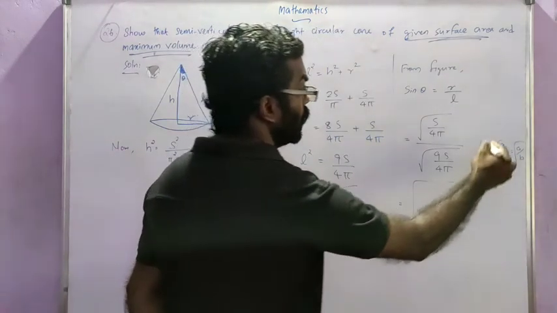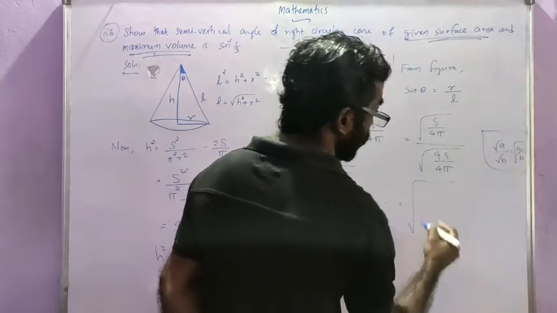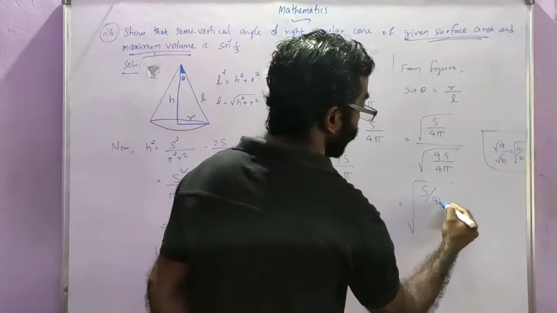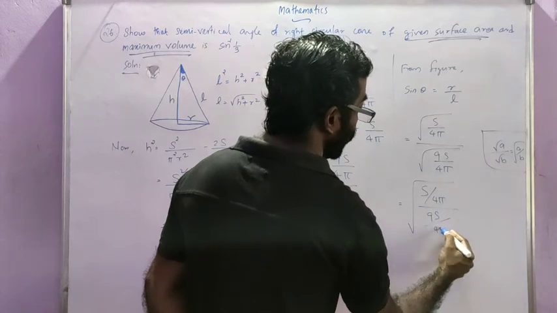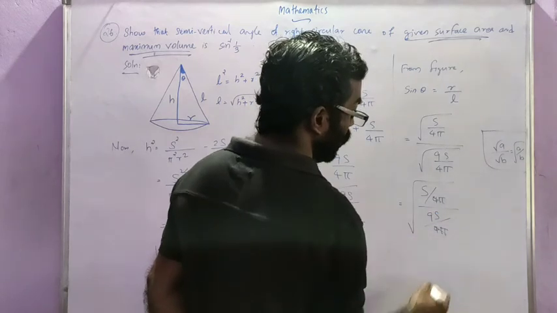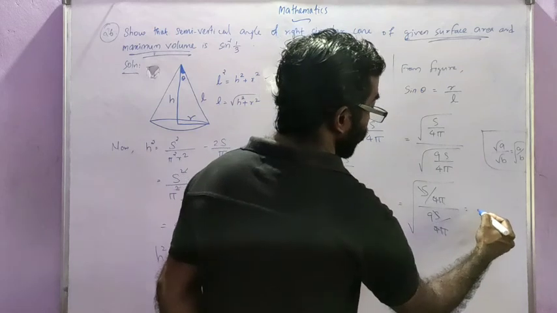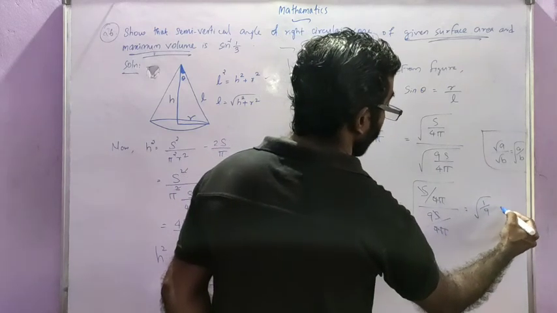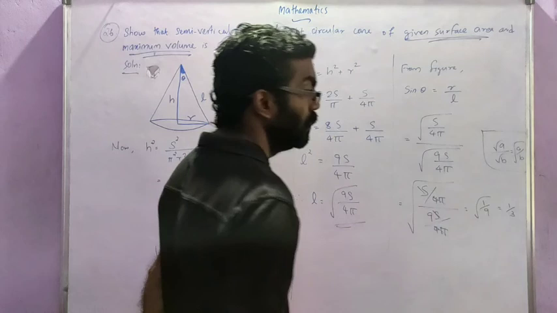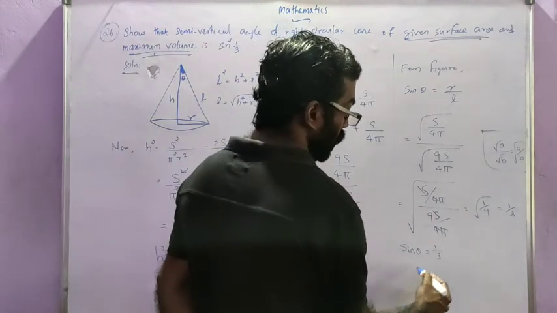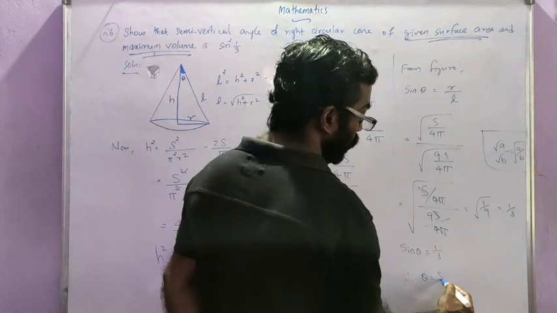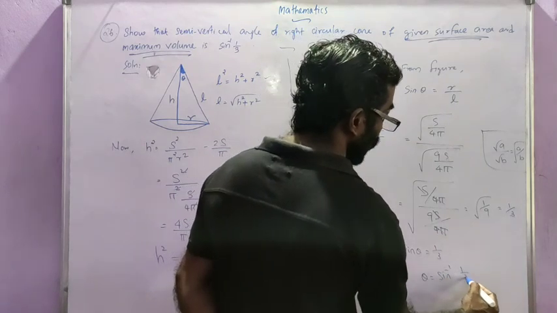Okay, so using this rule we can write s by 4 pi divided by 9s by 4 pi. This 4 pi we can cancel, s we can cancel. That is root of 1 by 9 which gives 1 by 3. Sine theta equal to 1 by 3. Therefore theta equal to sin inverse of 1 by 3.